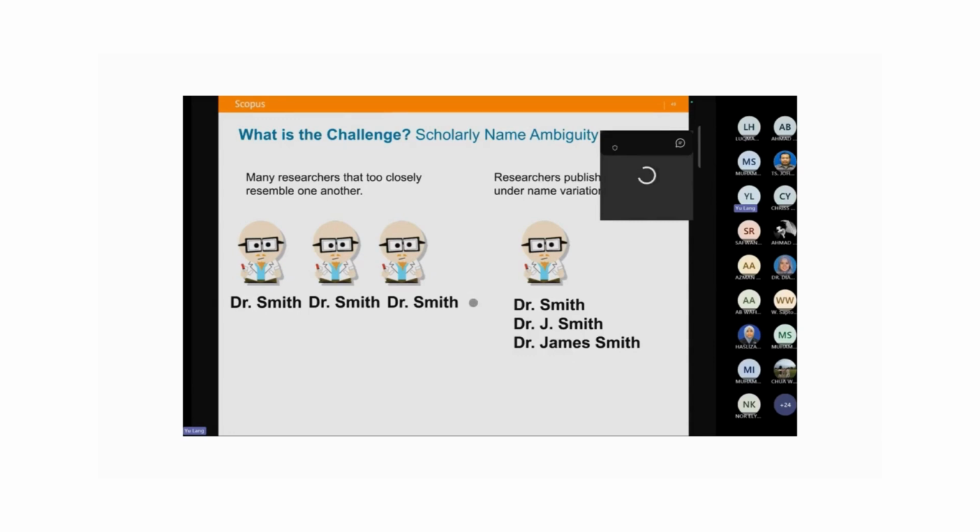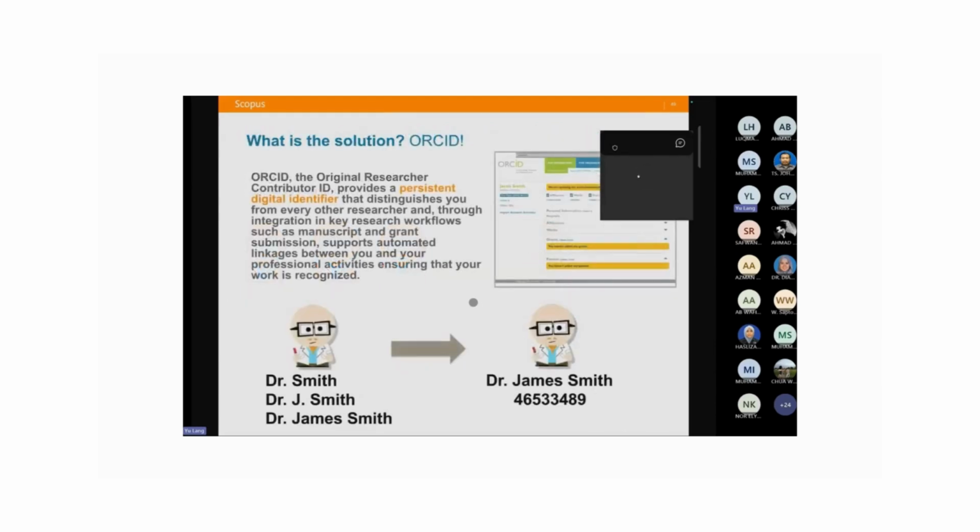So both scenarios will result, when you search for a specific author in these online databases, in the author being spread into 2, 3, or more profiles. Okay, you can't get the authors to group all the publications in a single profile.